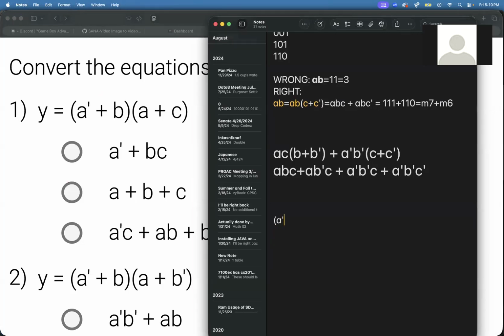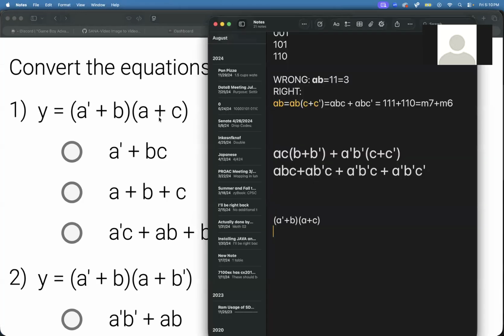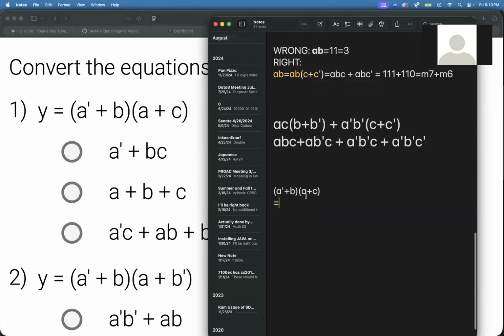So what would you do here for this one? Not A plus B, A plus C. That's actually a product of sums. This is not a product of max terms though, right? Because not max terms. So what would you do? You'd FOIL, right? So you'd have not A times A, not A, C. Then you'd have BA, which I'll write as AB.